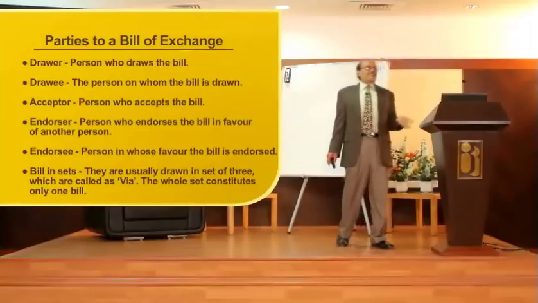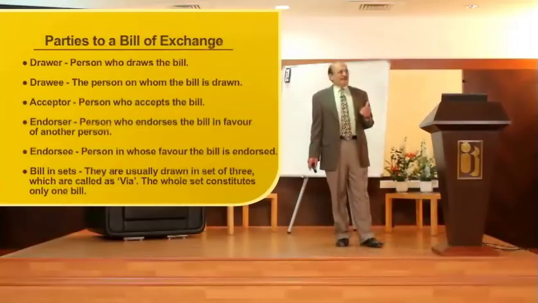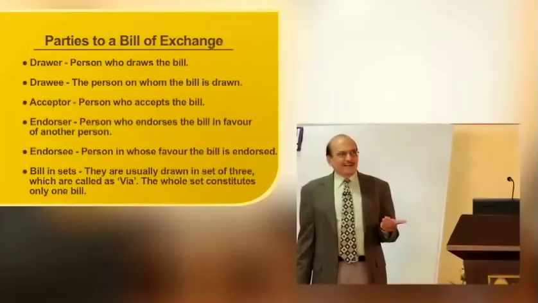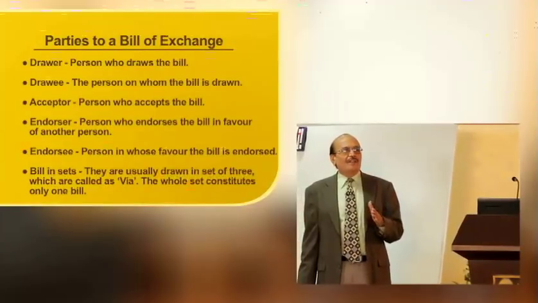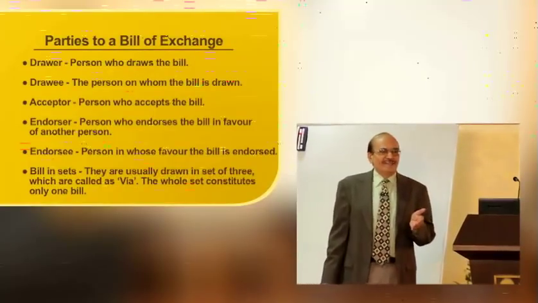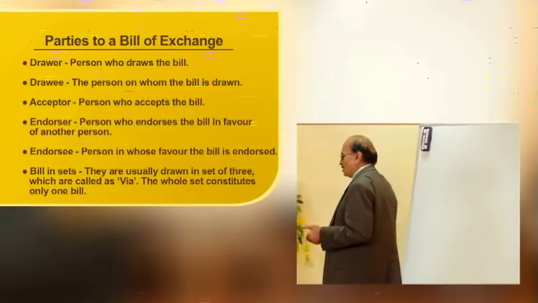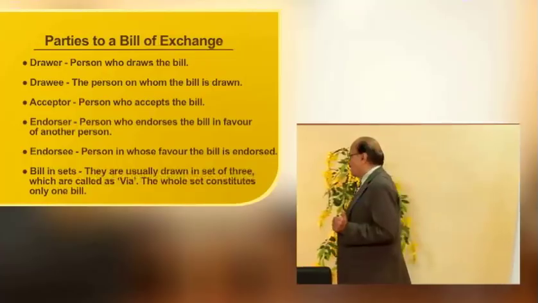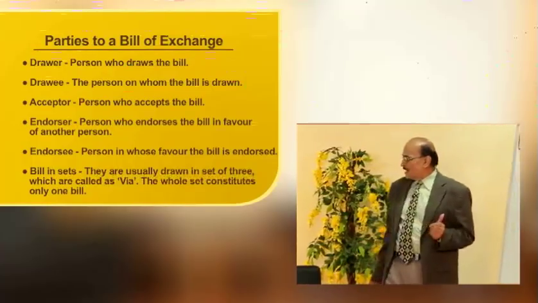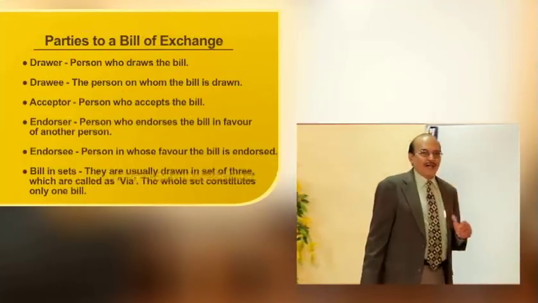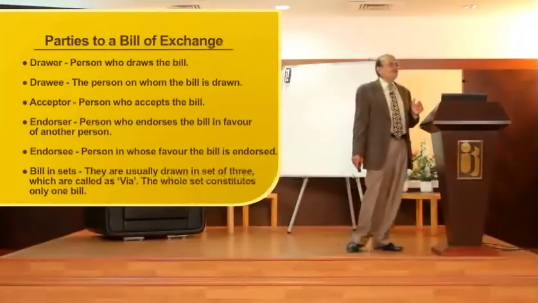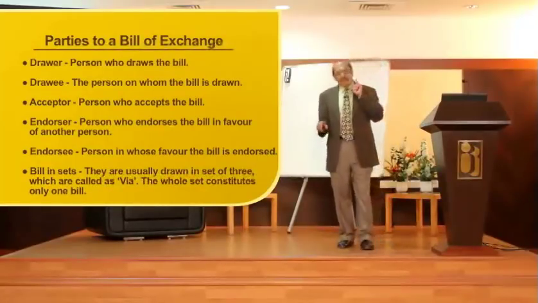Then the acceptor, a person who accepts the bill. Endorser, a person who endorses the bill in favor of another person. Endorsee, a person in whose favor the bill is endorsed. And normally the bills are drawn in a set of 3, which are called VIA, V-I-A. The whole set constitutes only one bill.